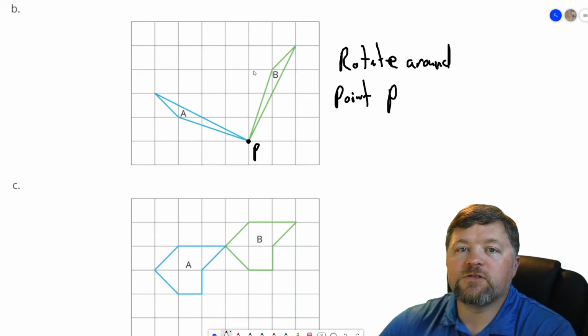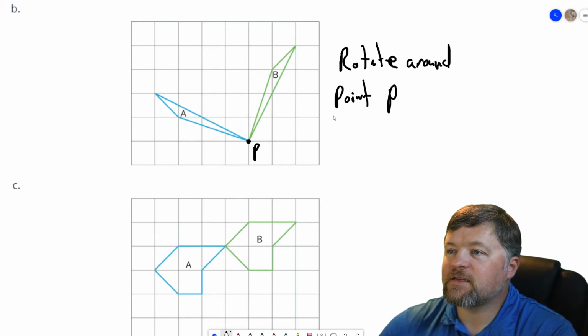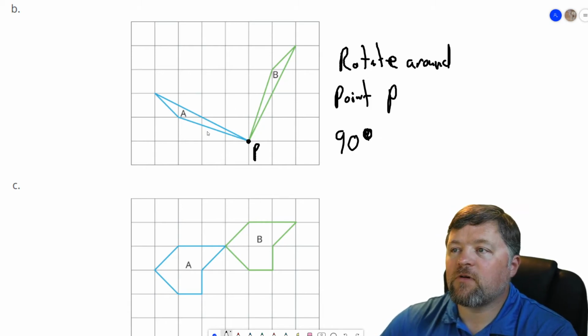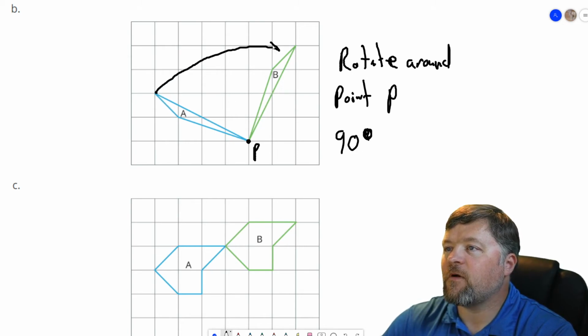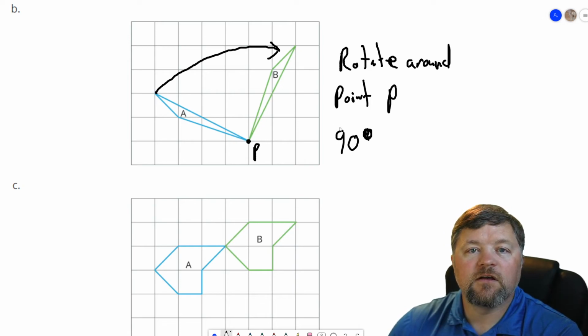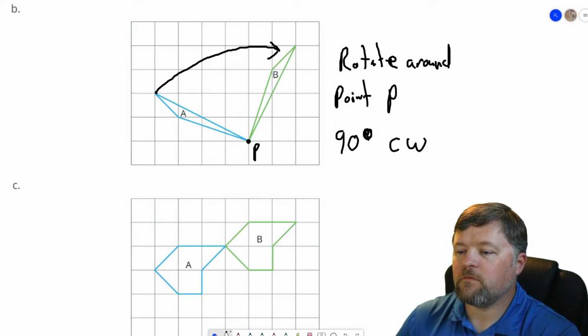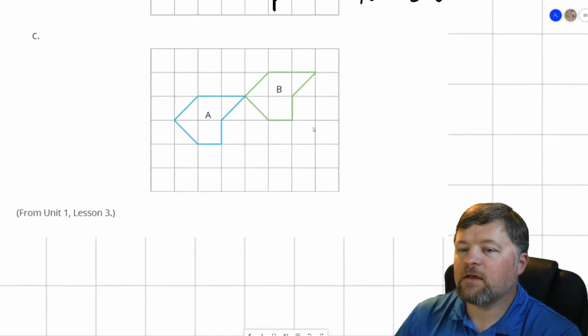Well, I could use a protractor, but I'm going to say that is a 90-degree rotation. Now, which direction are we rotating it? From A to B. Looks like we are going that way, which is clockwise.